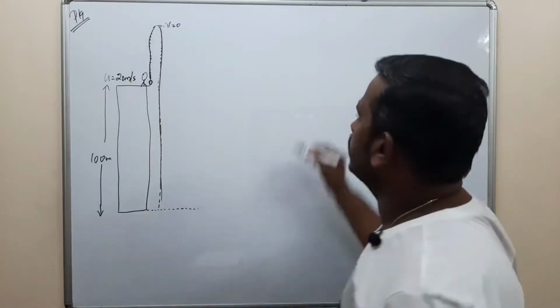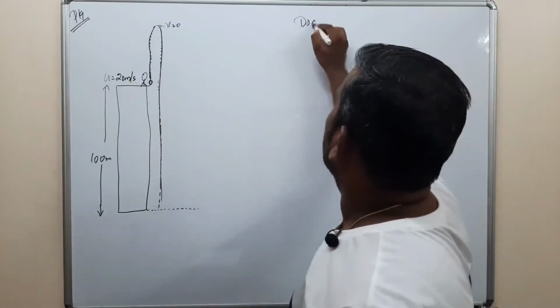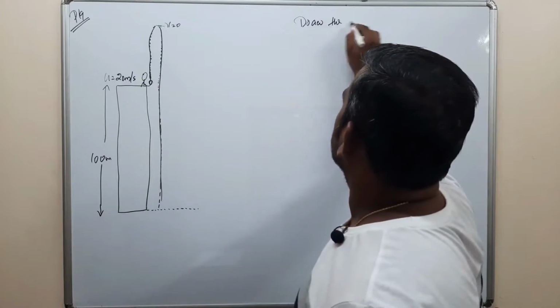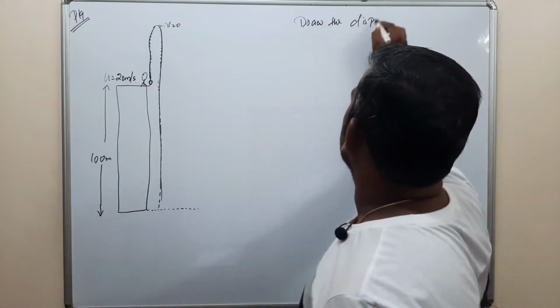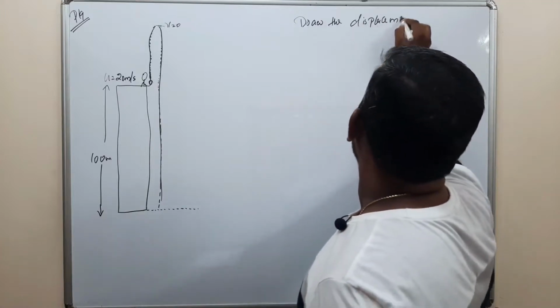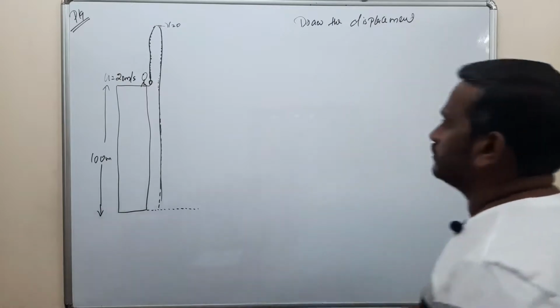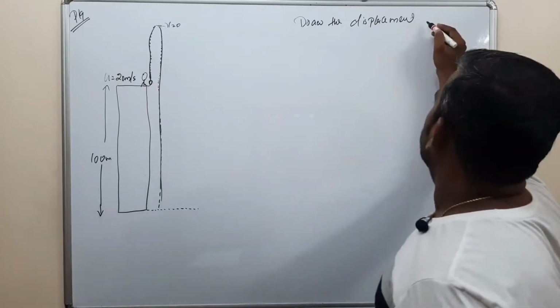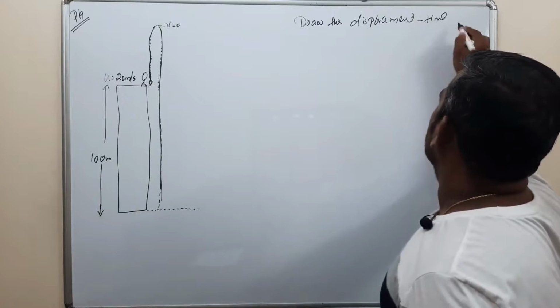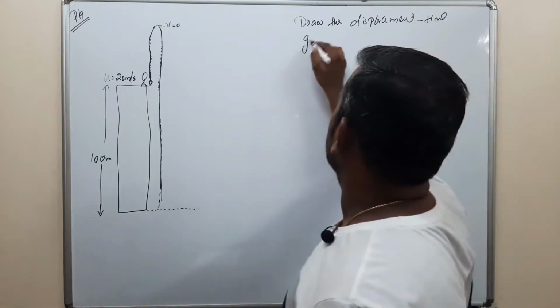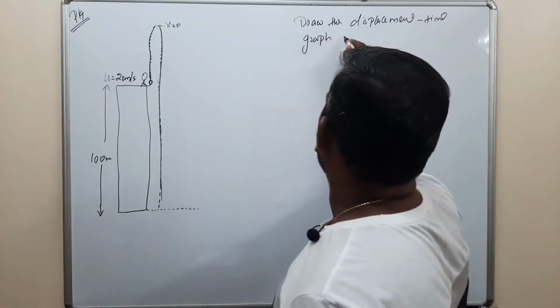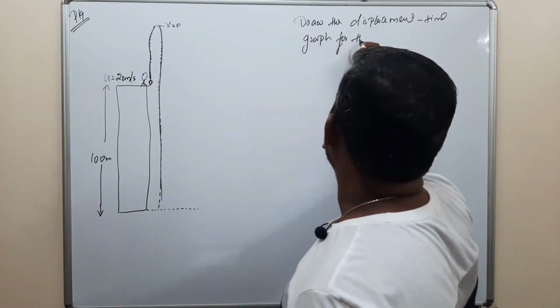So, our question is: draw the displacement time graph for the motion of the ball.